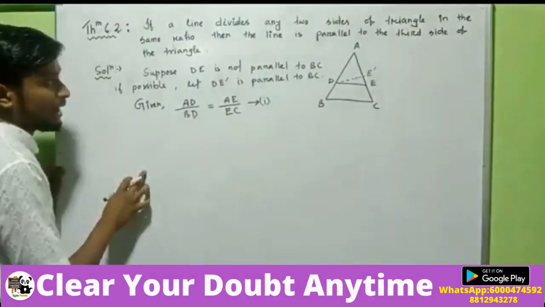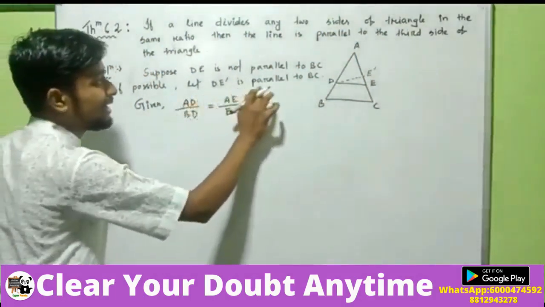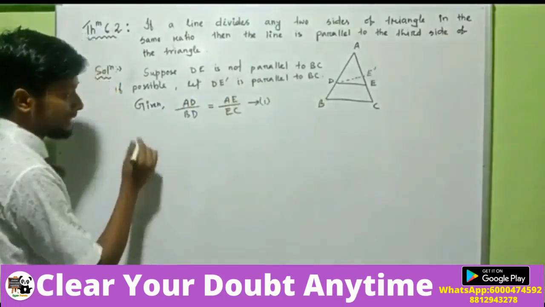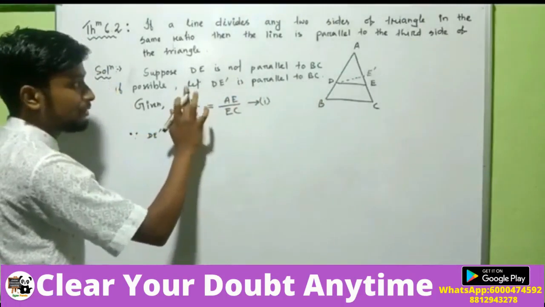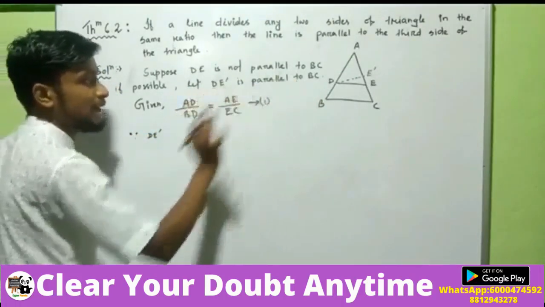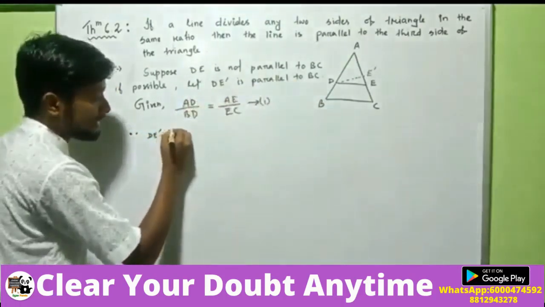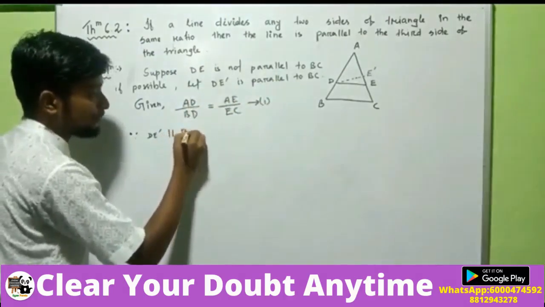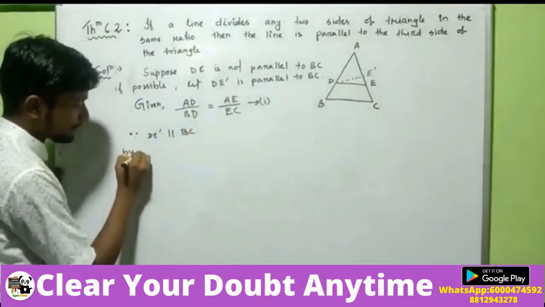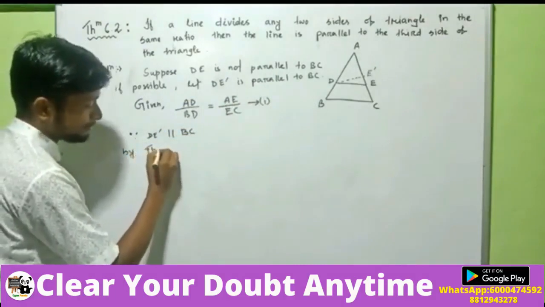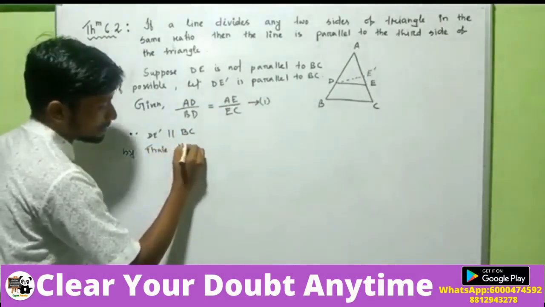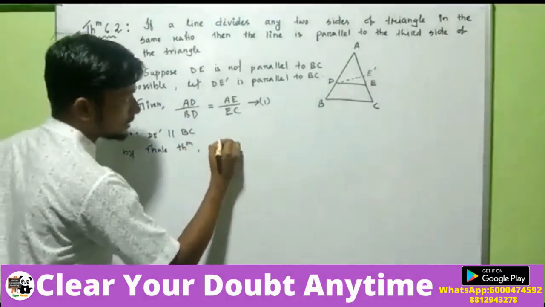Now আমি কি বুলি লৈছো DE dash is a parallel line to BC. Since DE dash is parallel to BC, so by Thales theorem we can say what?